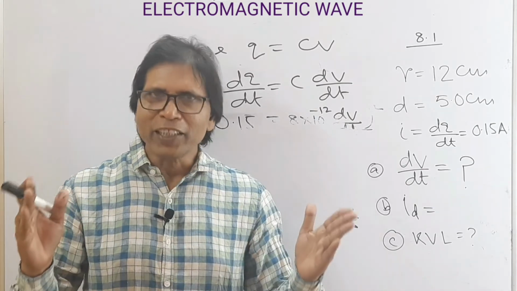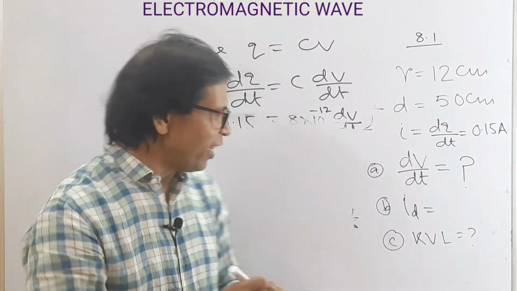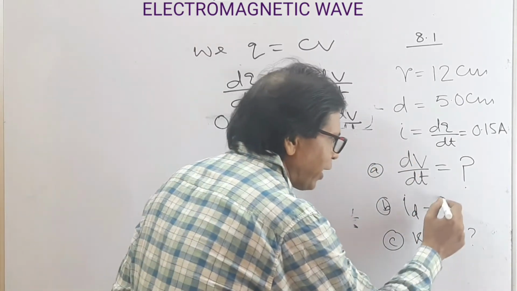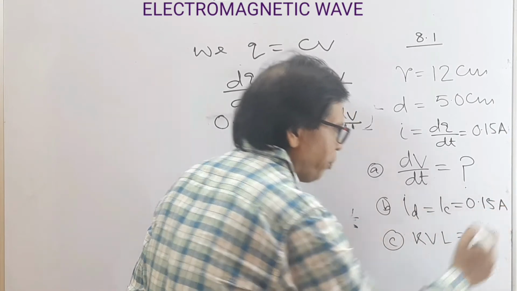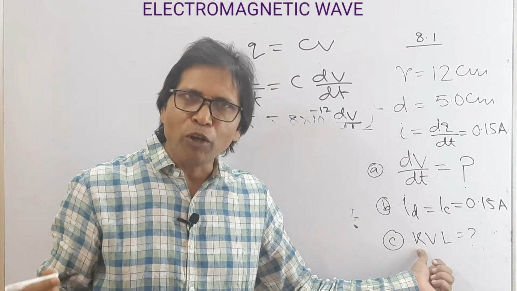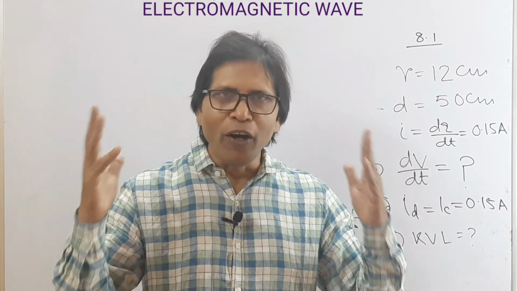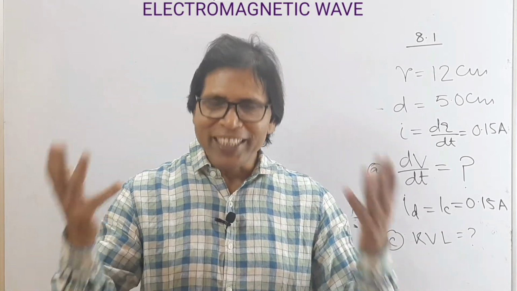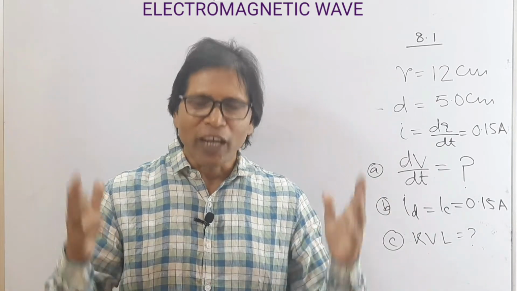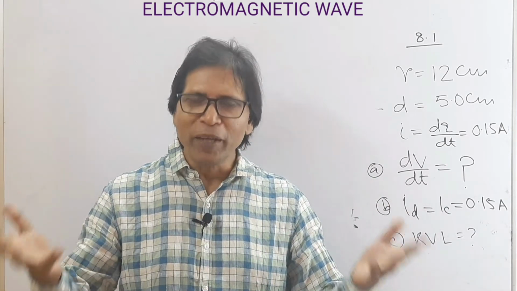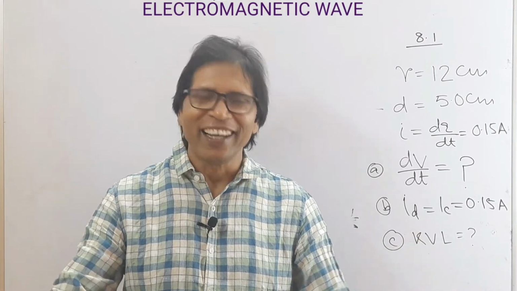Okay, now next, what is the displacement current? Displacement current is equal to conduction current, so this is 0.15 ampere, and will Kirchhoff's law be obeyed? Kirchhoff's voltage law is based on conservation of energy, so Kirchhoff's second law will be applicable here.